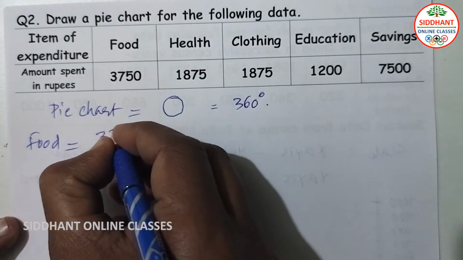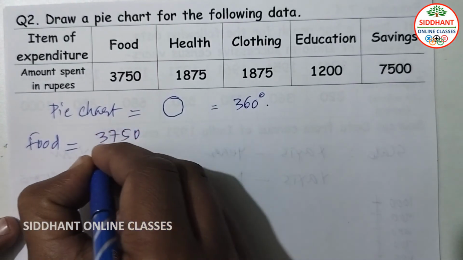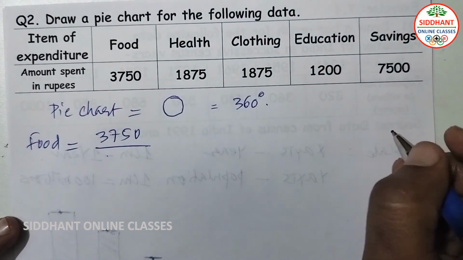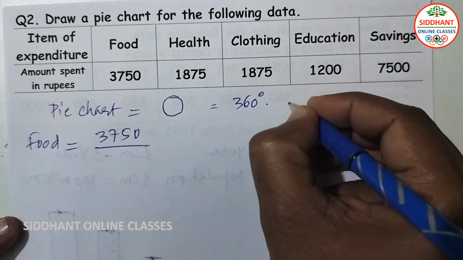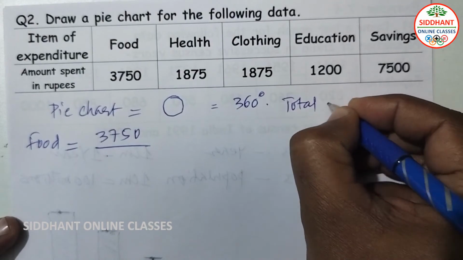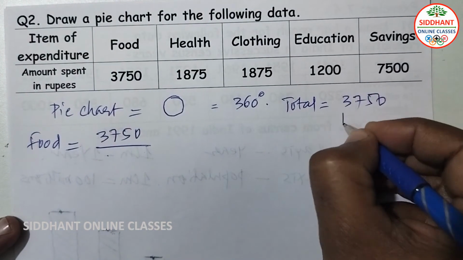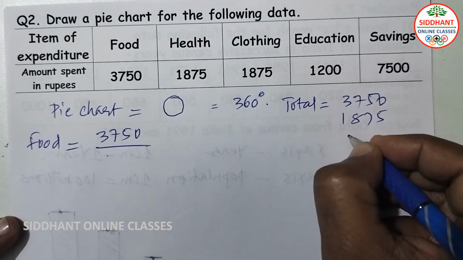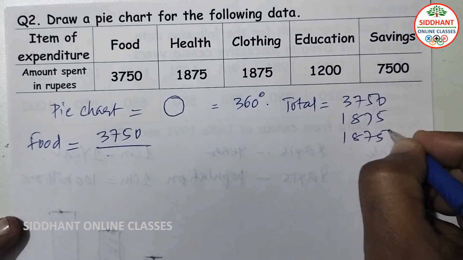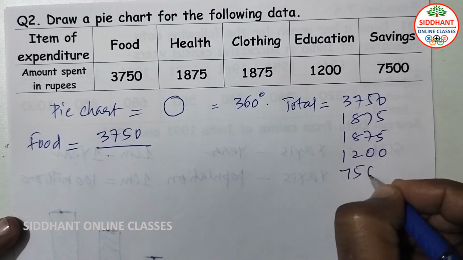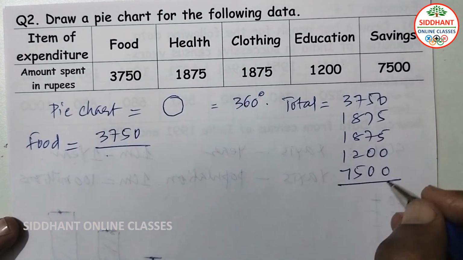Amount means 3750 by total amount. First we are going to find out the total. That means the total will be 3750, 1875, 1875, 1200, 7500.